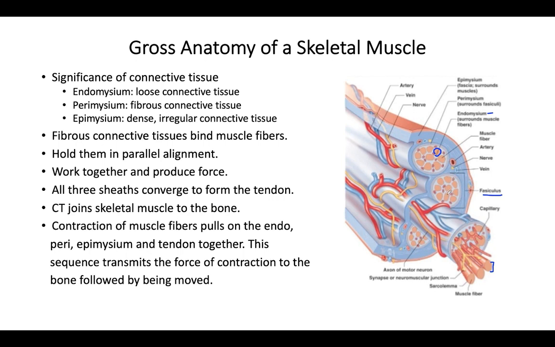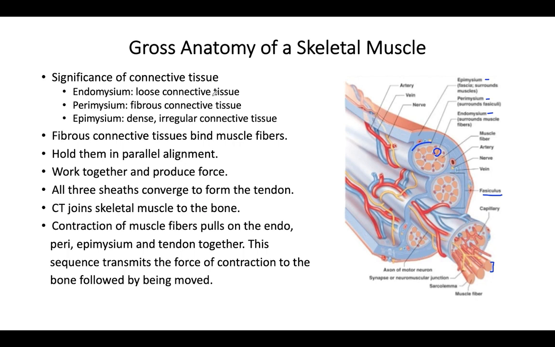Several muscle cells are bundled together, and this fascicle is surrounded by connective tissue. Can you see here? Here's perimysium. Connective tissue outside a muscle fascicle is called perimysium. And there are several muscle fascicles, and the entire muscle is surrounded by epimysium.